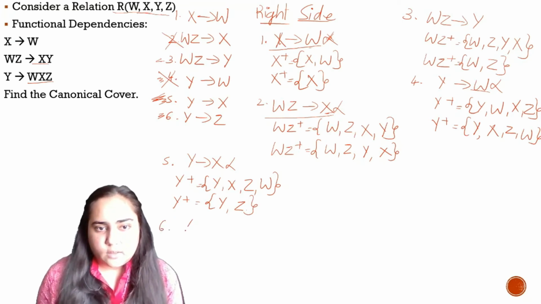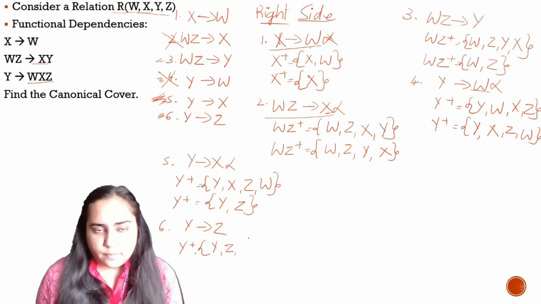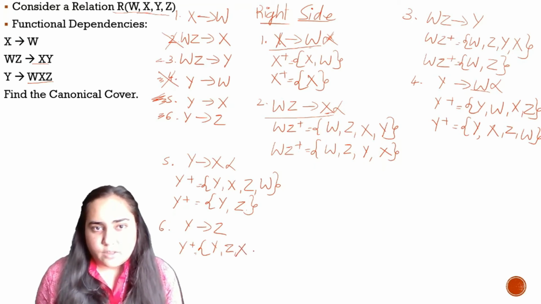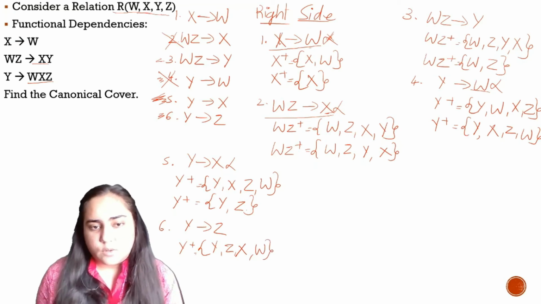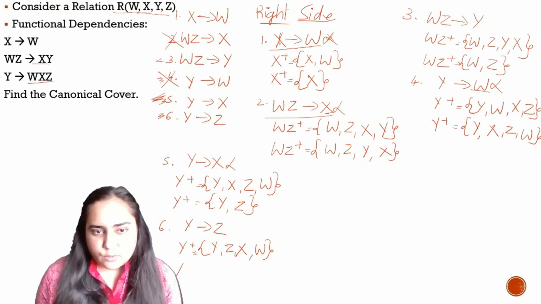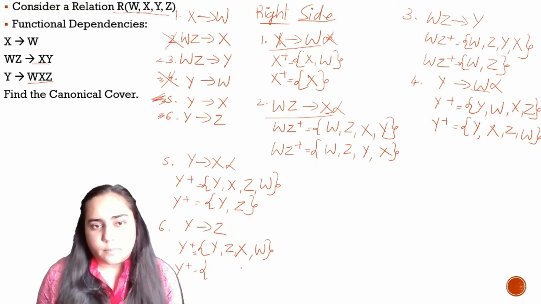And let's check Y determines Z. Here the closure of Y is equal to Y and Z. And because Y is present, I can add X using number 5 and W using number 1. So all the attributes are present. Now let's try to do Y plus without this dependency number 6.